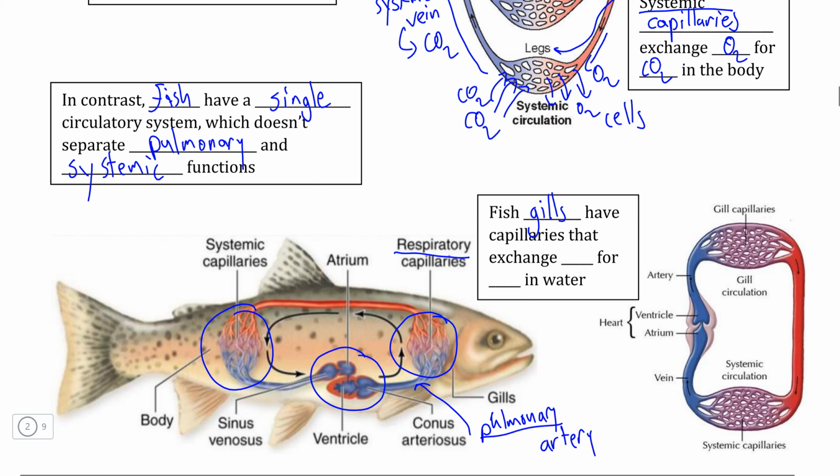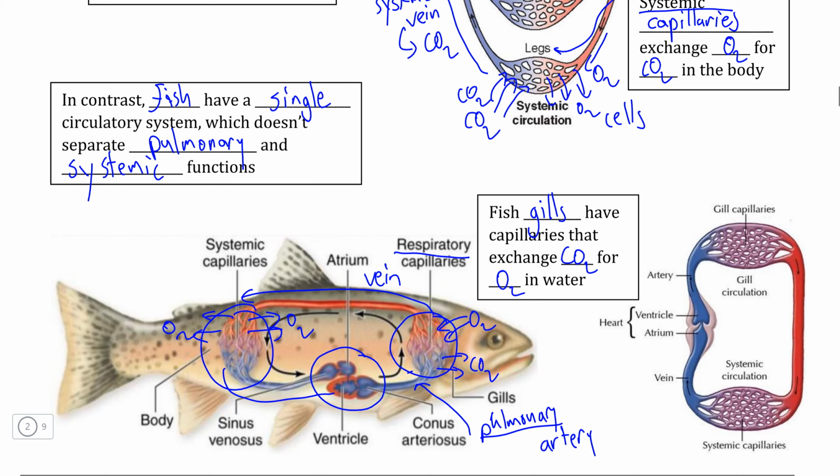But calling it the pulmonary artery is a little bit misleading because once again it's all on the same circuit here, but we can see functionally the gills are the location where fish get rid of carbon dioxide that they produce from cellular respiration, while the gills absorb oxygen that is dissolved in water, and then the veins here exclusively transport oxygenated blood to the rest of the fish's tissue so that oxygen can then be used to oxygenate all of the cells in the fish's body in order to produce energy using cellular respiration.